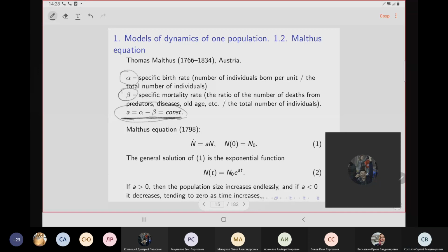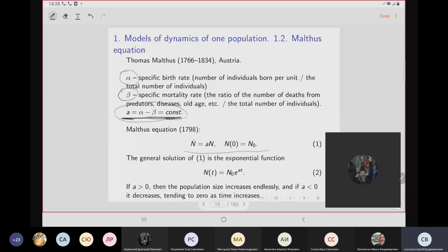So the first equation is called Malthus equation. It was introduced in 1798, and it is linear. If the Cauchy initial value problem is n of 0 is n0, we can easily solve the equation.